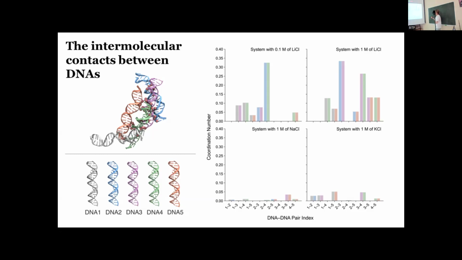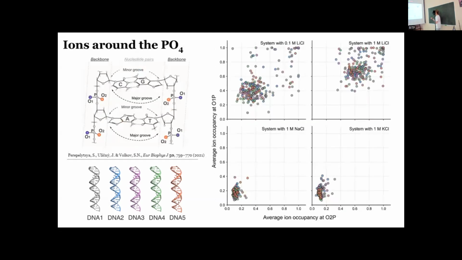To understand why this is happening, we also calculated the number of ions around the oxygen atoms of DNA. Just to remind you, one phosphate group has two non-bridging oxygen atoms, O1 and O2. The O1 atom is exposed to the solution while the O2 atom is directed towards the major groove.